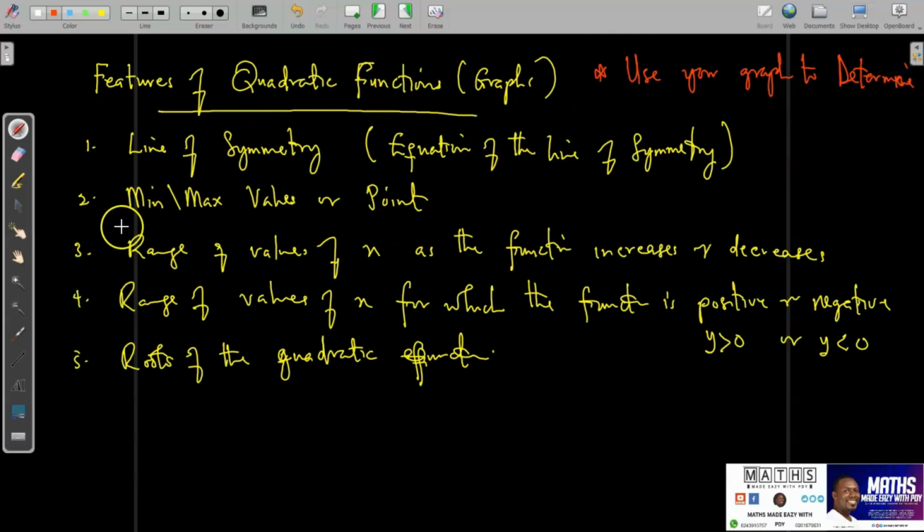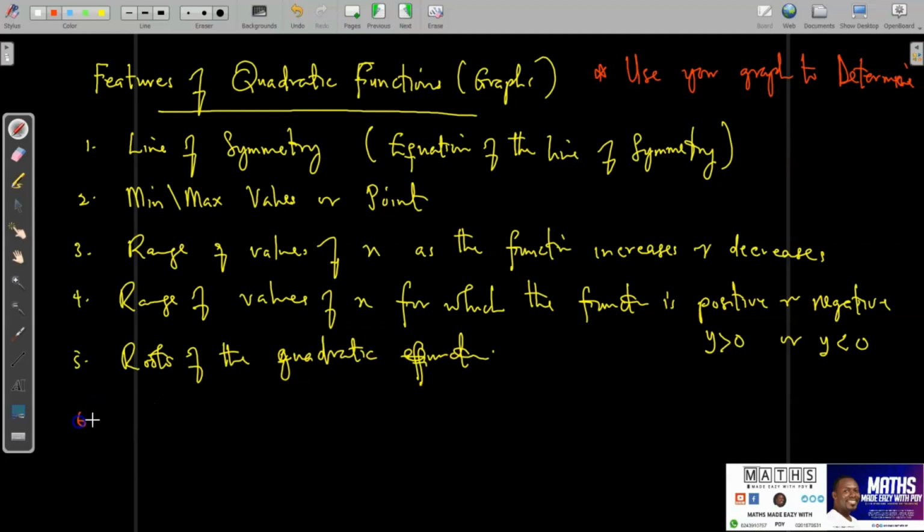So all these things that I've written here, they'll always ask you to use your graph to determine. Even if you may have other means of getting the answer, they don't want it. They want you specifically to use the graph to get the answers. Finding the line of symmetry, finding the minimum or maximum values or points, then the range of values of x for which the function is increasing or decreasing, the range of values of x for which the function is positive or negative, the roots of the quadratic equation.